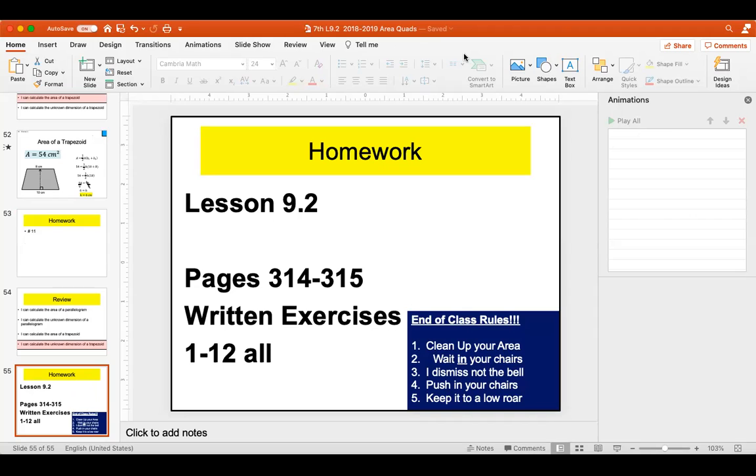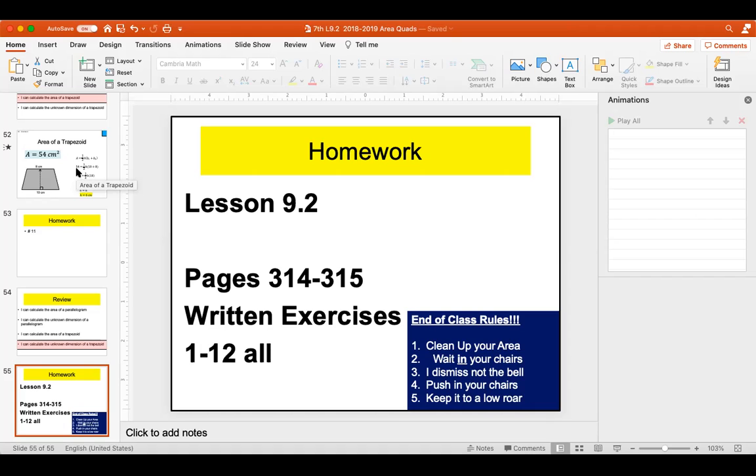This is for the area of a trapezoid. Base times height is for squares, triangles, and parallelograms, right? Squares, rectangles, and parallelograms. Oh yeah, sorry, that's what I meant.